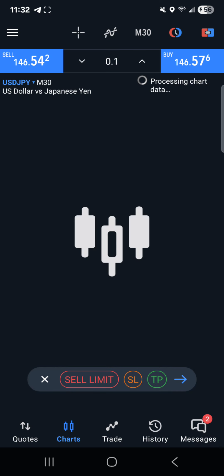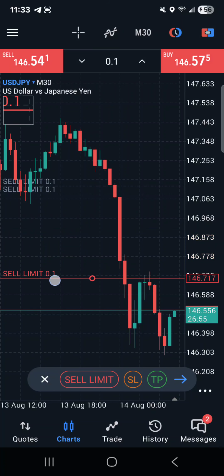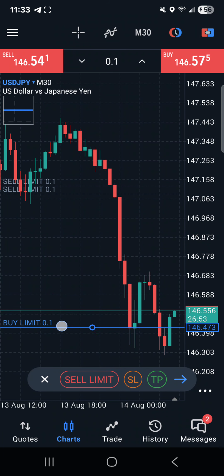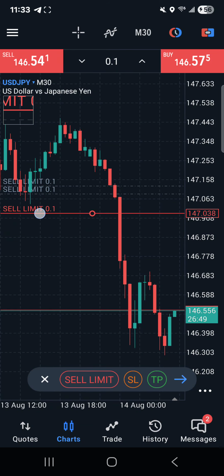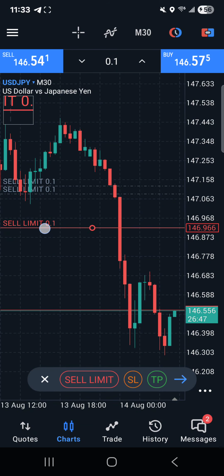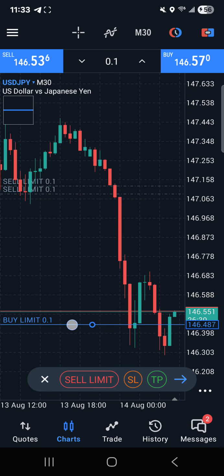Let me see the 30 minutes. On the 30 minutes, price is reacting and giving us an indication that it wants to push up. So let's see, from the higher time frames, we are having a bearish engulfing. From 1 hour and 30 minutes, we don't have a break of structure.